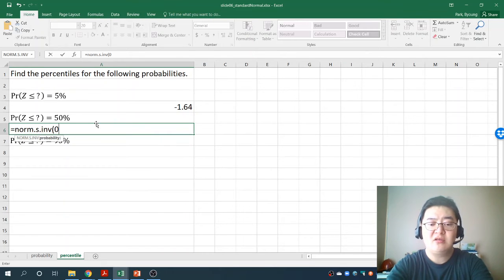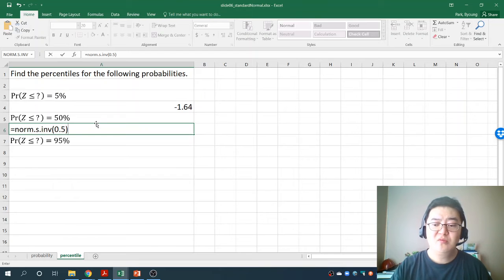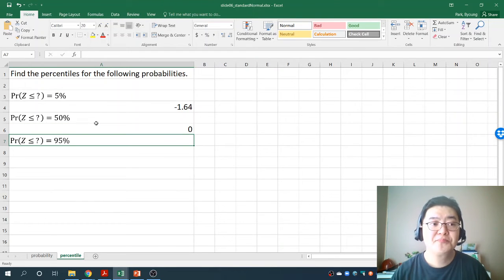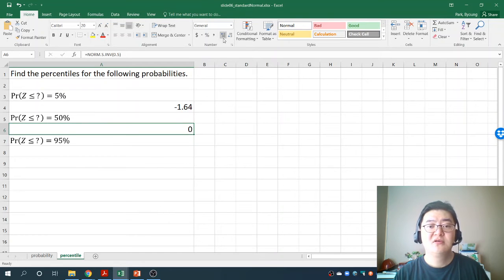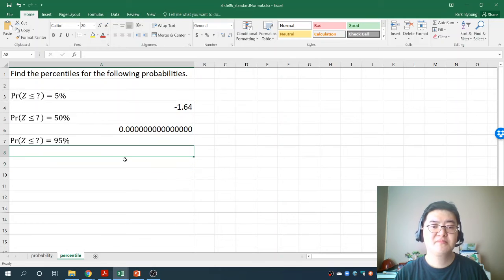Here put 0.5, 50%, then what do we have? 0. Remember, 0 is the median, so we are looking for the median. The median is 0, which is the mean. So we get the correct value, of course. Even if you put more decimals, it's 0.